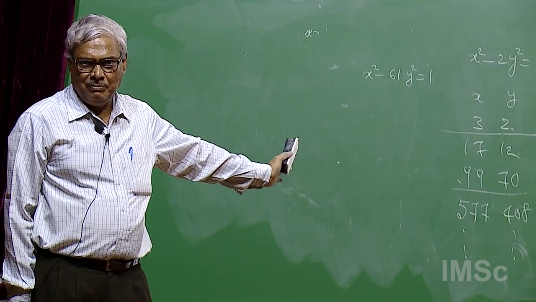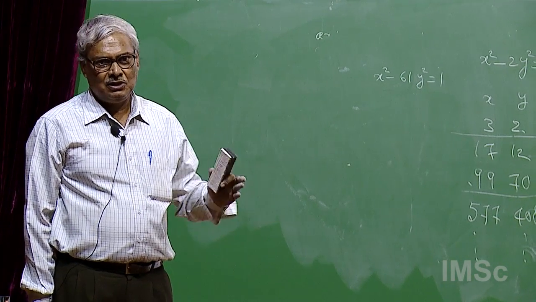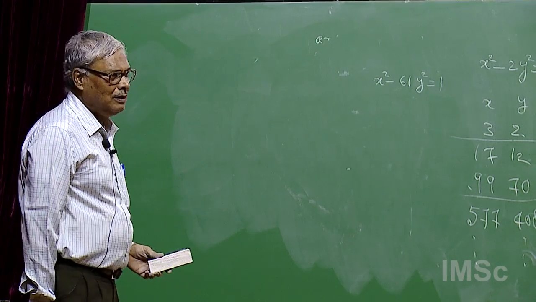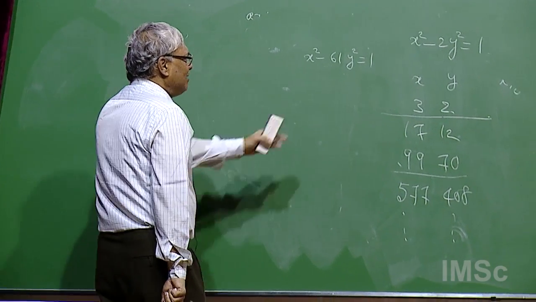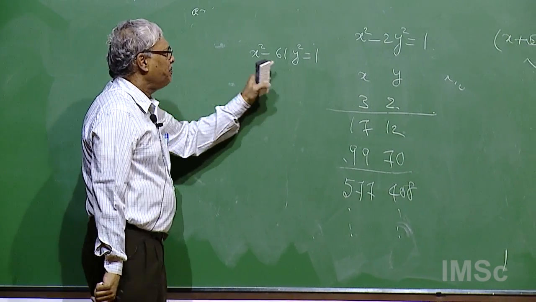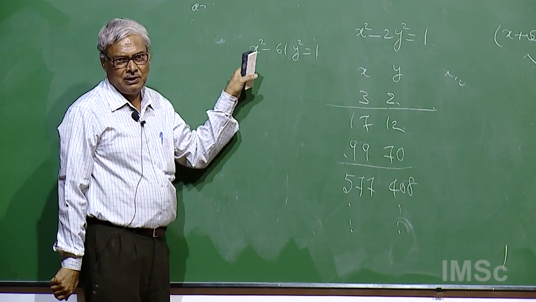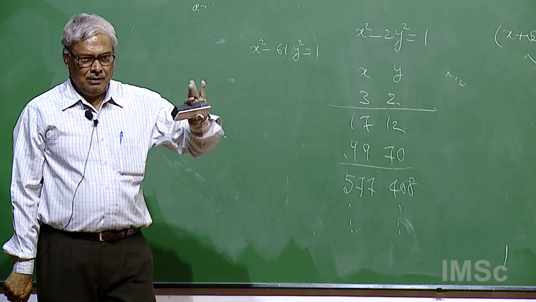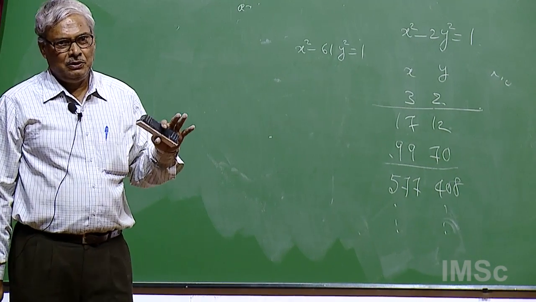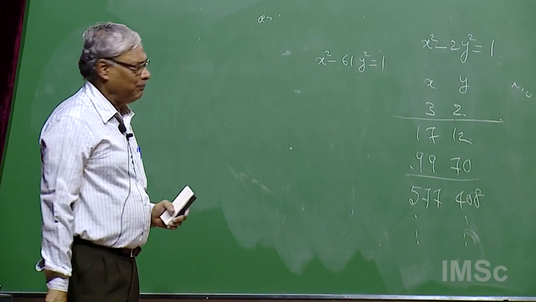I don't think it will be very easy to guess even the simplest solution. To make the right hand side as small as possible, perhaps we can take x equal to 8 and y equal to 1. If we take x equal to 8, y equal to 1, we'll get right hand side equal to 3, but we won't get 1.